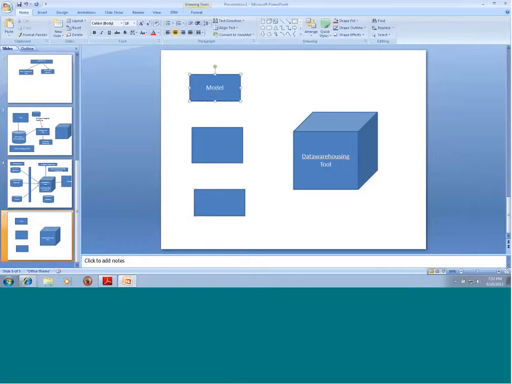The three primary functions are modeling, ETL, which stands for extract, transform, and loading, and the final reporting. It does not matter what the tool is, all of them are supposed to execute these three primary functions.